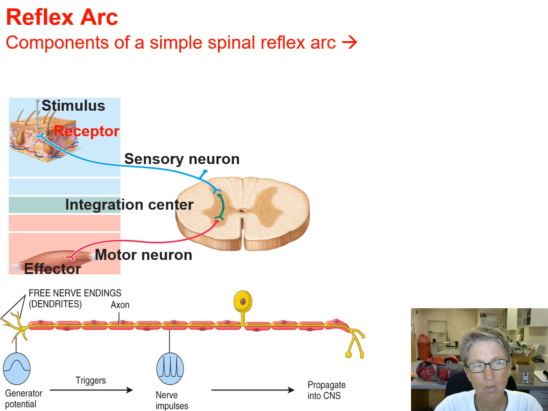So we went over this briefly. The components of a simple reflex arc are, number one, the receptor. We talked about this cartoon, and then I put in this sensory afferent neuron. Down here are the free nerve endings, so this could be a sensory afferent neuron for pain. Here are the free nerve endings, or the dendrites. When the stimulus acts on these dendrites, the dendrites will do a generator potential.